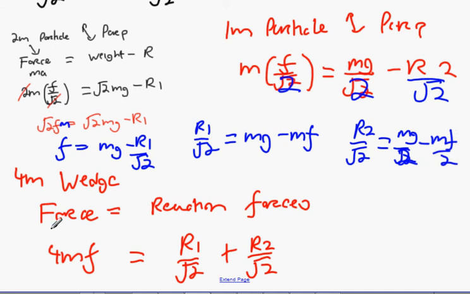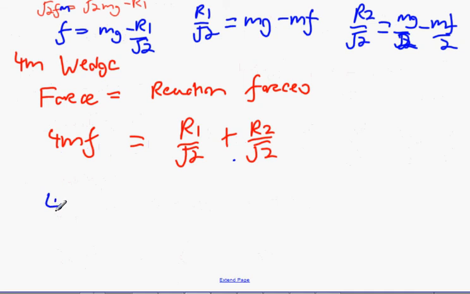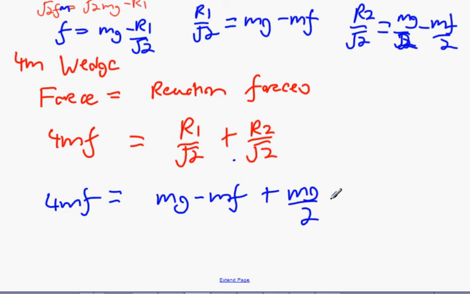Okay, so now we can replace in for this formula 4mF equals R1 over root 2, which is mg minus mF, plus mg over 2 minus mF over 2.